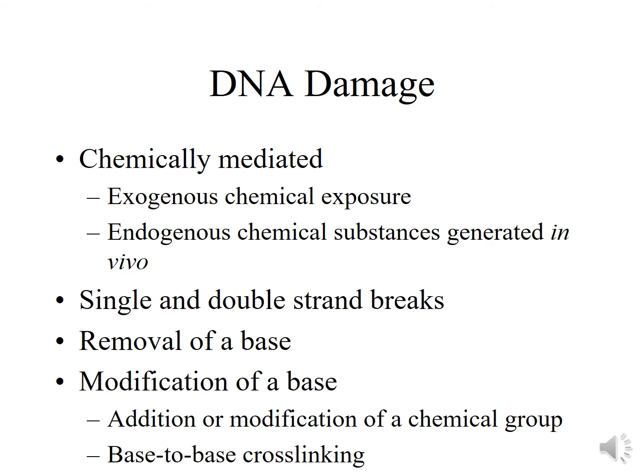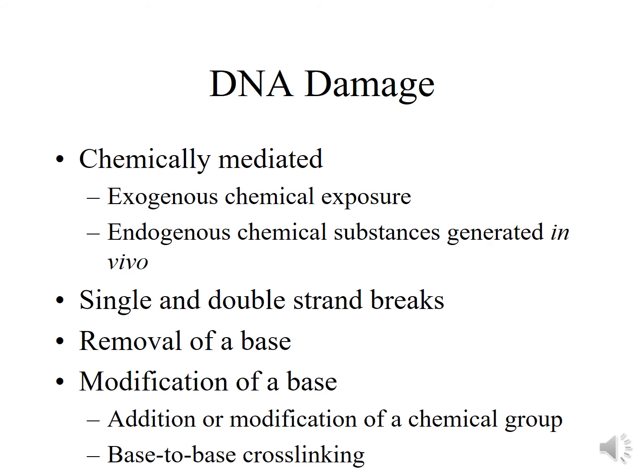Alternatively, the bases themselves may be chemically modified in some way. Many base modifications involve replacing certain groups on the bases or adding a chemical group, such as a methyl or larger alkyl group. And sometimes other larger chemicals, bulky groups, can be added on to the bases themselves.